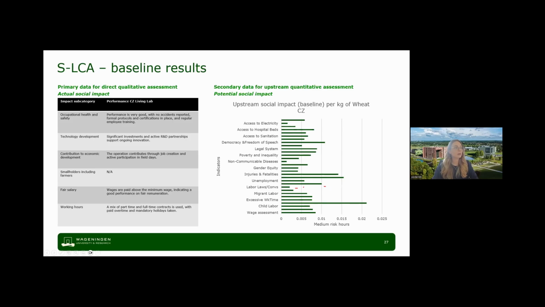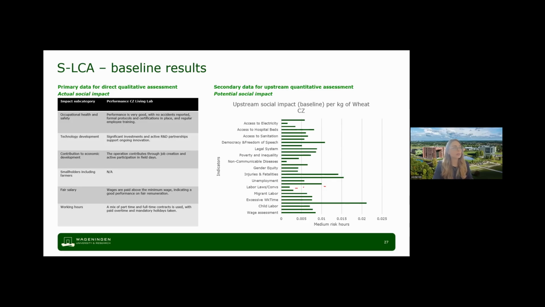And then let's go through some results here. What is the output of this then? So on the left-hand side, you see the assessment for the primary data. So we put all the indicators against reference scales, and then we could conclude certain things. So we mainly conclude here in a qualitative way. But overall, we saw that, for example, the occupational health and safety performance was quite good.